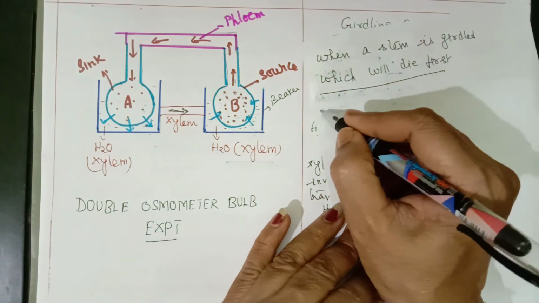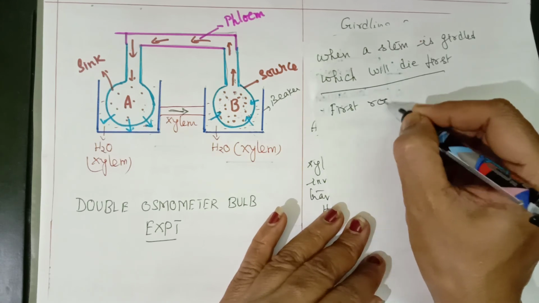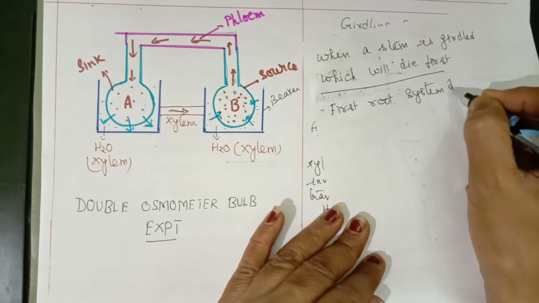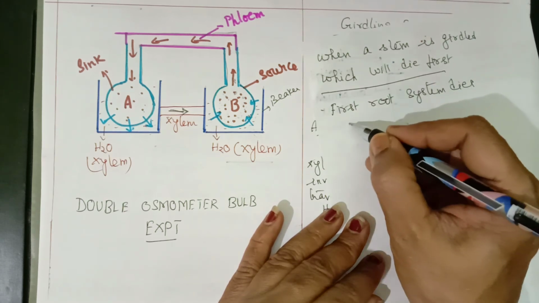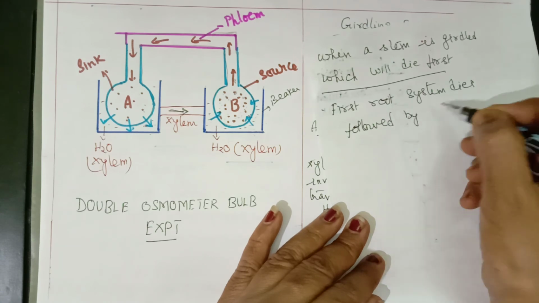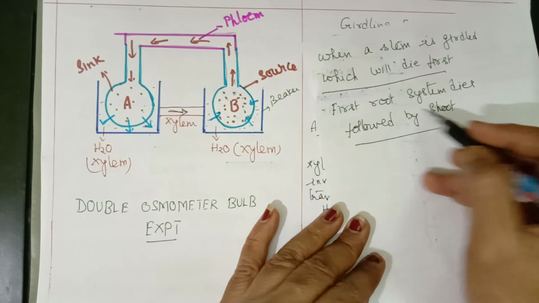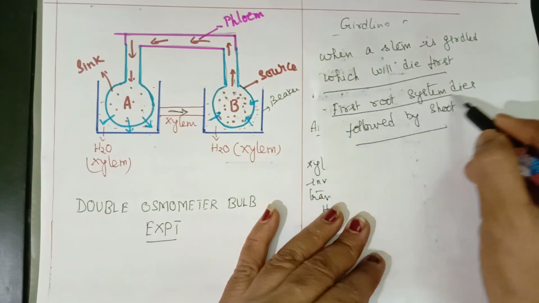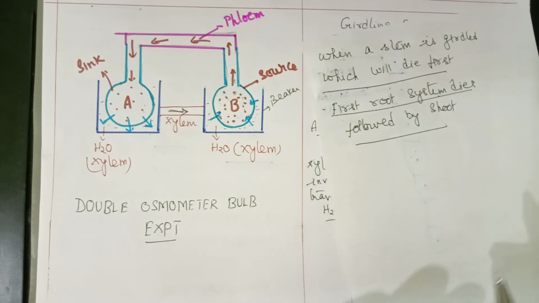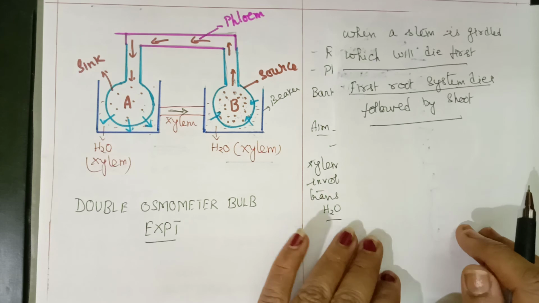The correct answer is that the root system dies first, followed by the shoot. Suppose this option is there, you can choose. Otherwise, the correct one is that the root system dies first, because the root system will not receive any food material. That is one question asked.